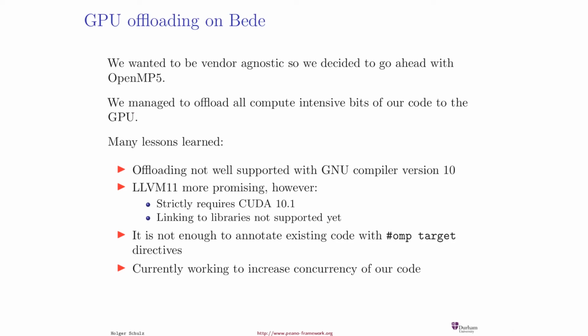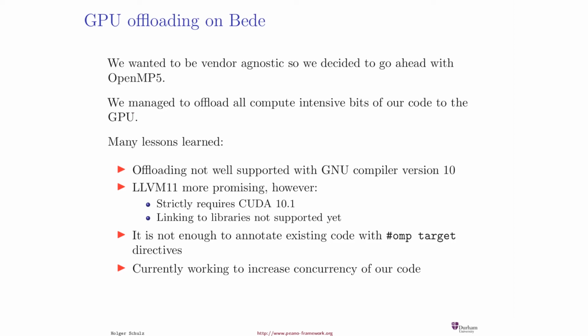And this is more promising, but it's also not extremely straightforward because the capabilities that are working are strictly requiring you to use a certain version of CUDA, in this case 10.1. And there's also annoying things that you wouldn't think were a problem, like linking to libraries. So libraries which have the device compiled code in them, that's simply not supported, right? So, well, it gave us the opportunity to file a compiler bug, at least.